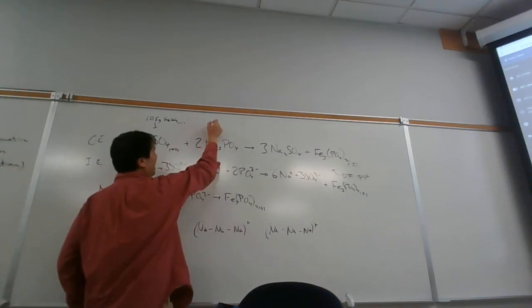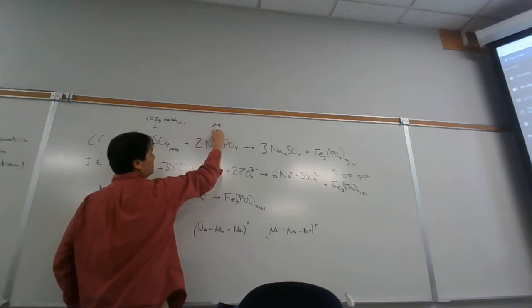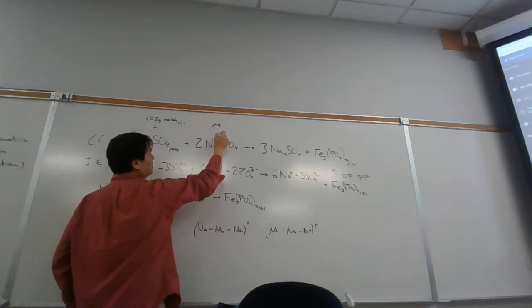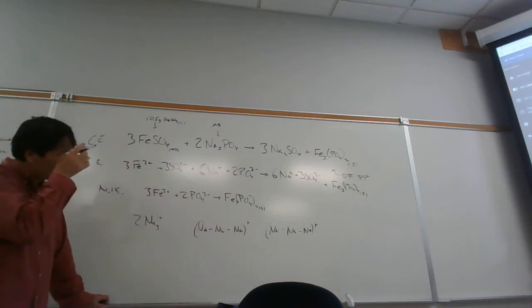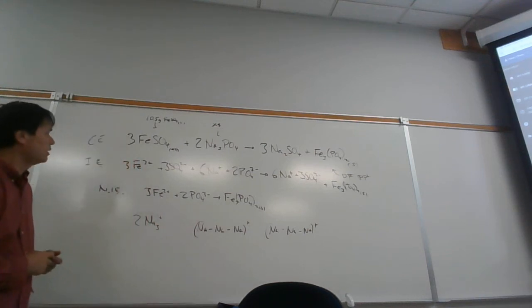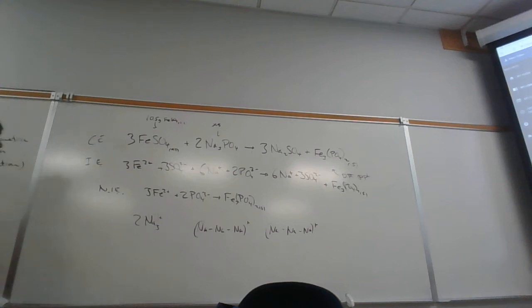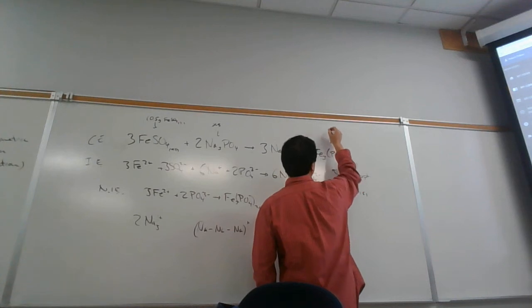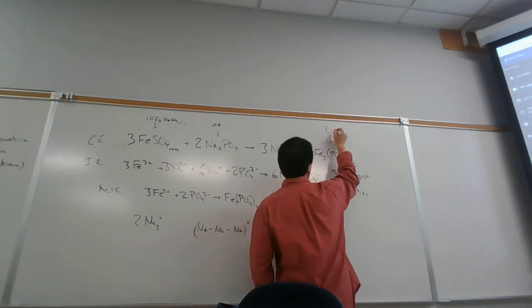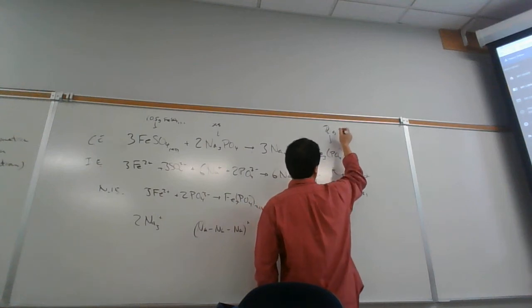And then I'm going to have excess sodium phosphate. And so what I'm going to do is use stoichiometry to predict how much of the precipitate I should form. And so this is going to yield how many grams of iron 3 phosphate.